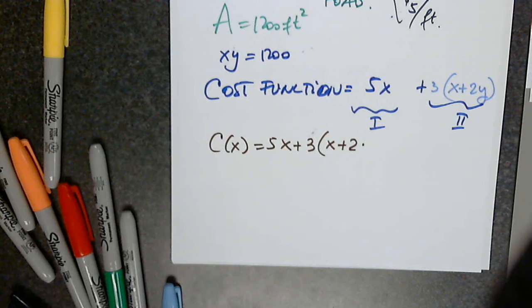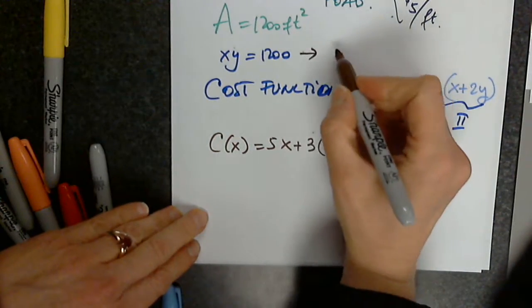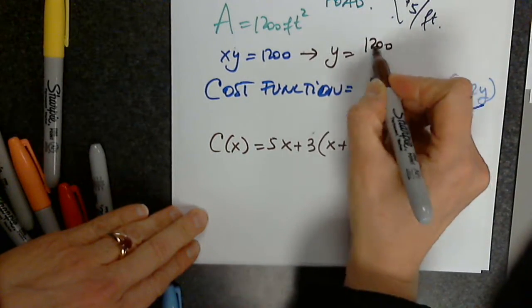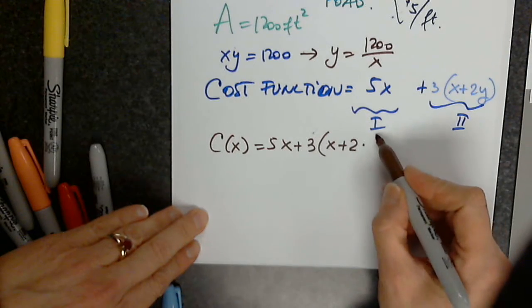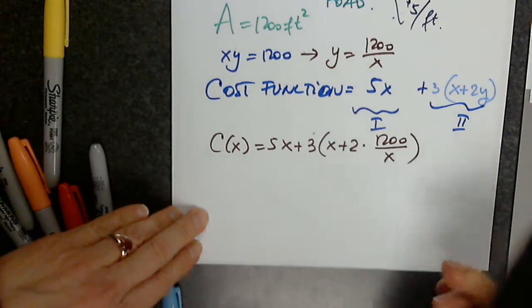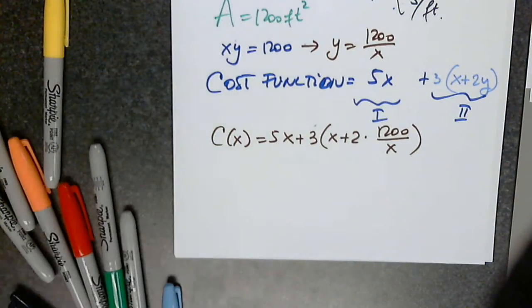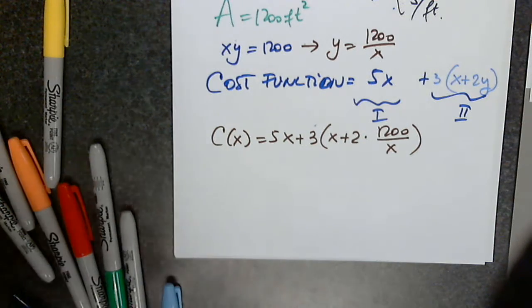Is there any source from which I could get Y from? Exactly, it's right there. So how do I get Y? Divide by x. Very good. And I put it here. 1200 divided by X. Of course, I will distribute in the hope that I can combine like terms a little bit.